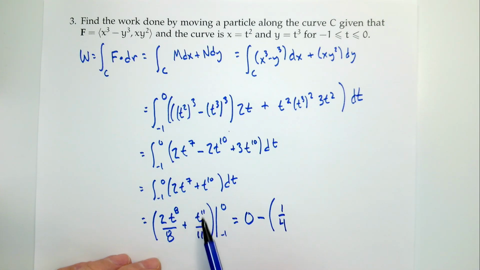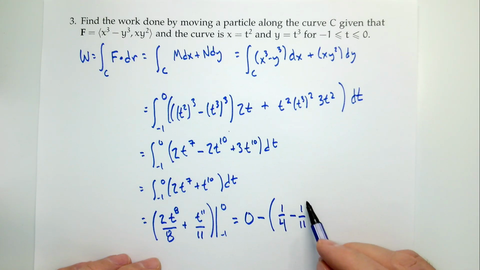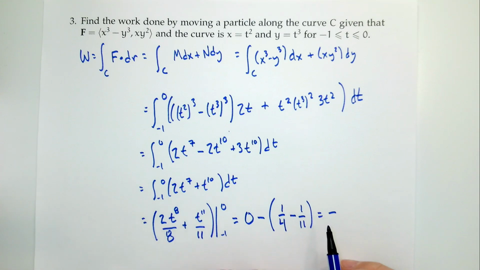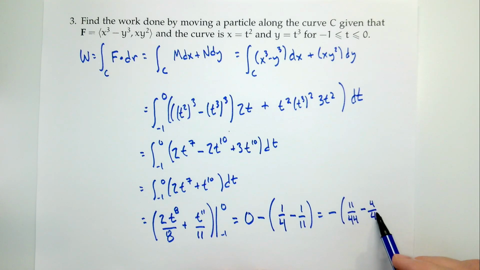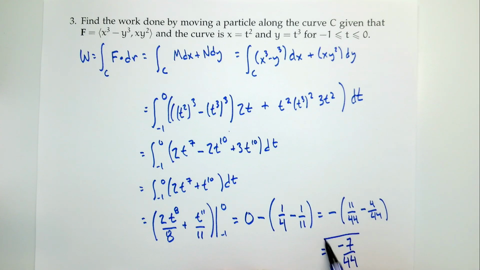Minus 1 to the 11th is a minus 1 over 11. Okay, so let's see, what can we do? Well, common denominator would be 44, right? So that's 11 over 44 minus 4 over 44. So here, 11 minus 4 is 7, but don't forget the other negative, so we end up with negative 7 44ths. And that's the answer.